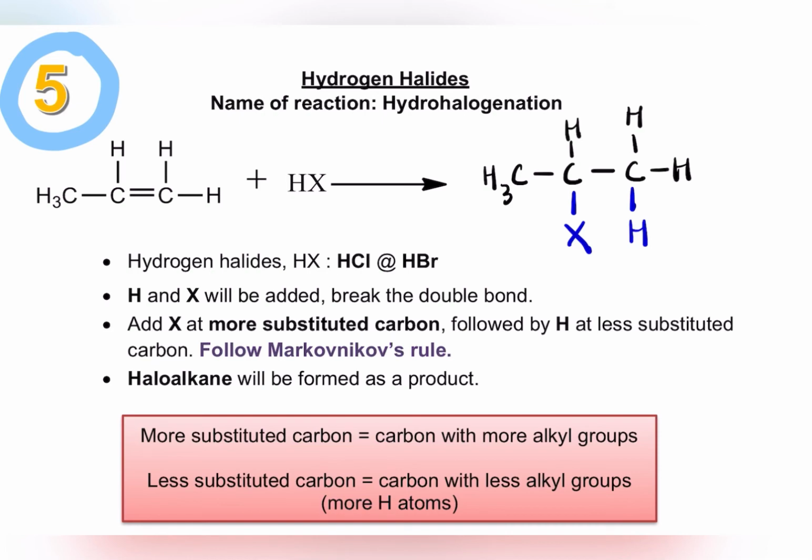So this is where you also follow Markovnikov's rule. So it is very important for you to understand Markovnikov's rule, and this product is what we call as haloalkane because you got alkane with halogen inside the structure. That's why the name will be haloalkane.